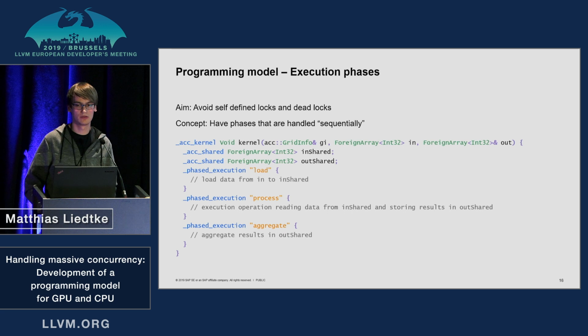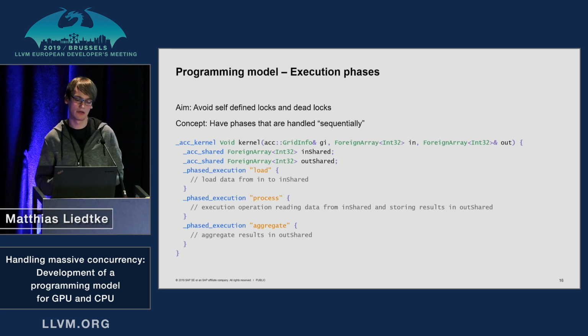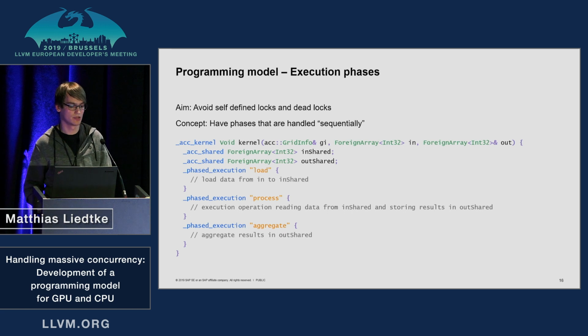Another thing we found in many algorithms was that there are a lot of explicit locks. So if you want to do a step and you know, okay, I have to wait until I get all the results from the previous step, and I don't want to start a new kernel, I simply create a lock, and I wait until everybody has reached that point. We didn't really want to have that in our programming model, so we aim to avoid self-defined locks and therefore the possibility of deadlocks.